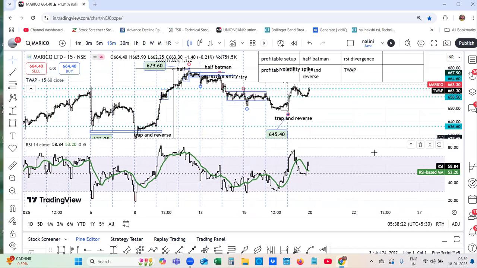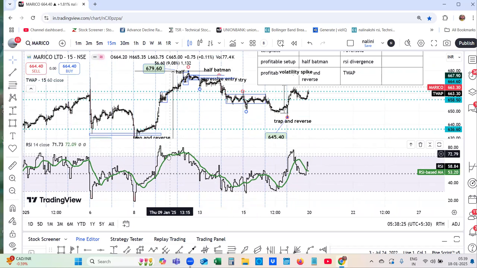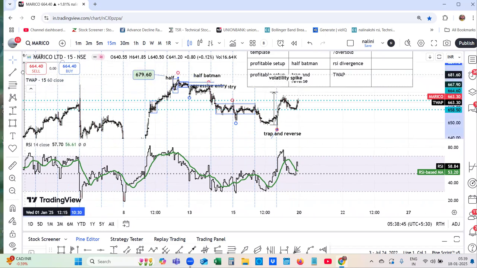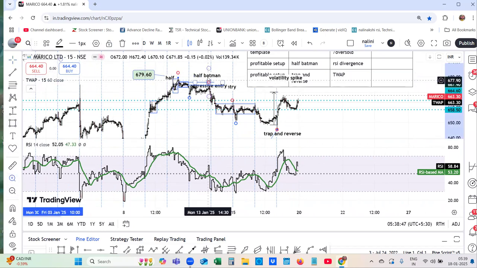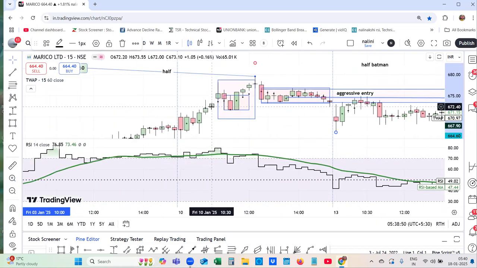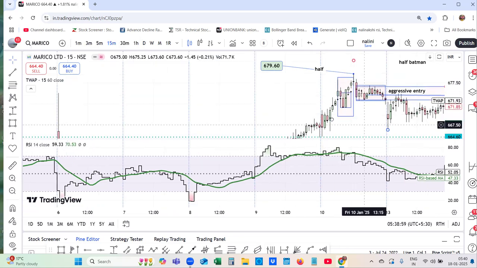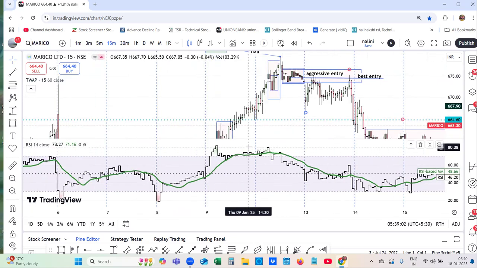When it comes to this reversal pattern, you are seeing RSI spike to the overbought condition, 81.82, and then when it has formed the Off Batman pattern, a volatility spike, here in this area, even the double top formation, RSI showing divergence. When it is making a higher high, you are seeing a divergence in the RSI.